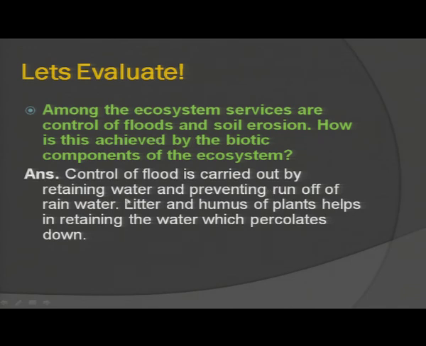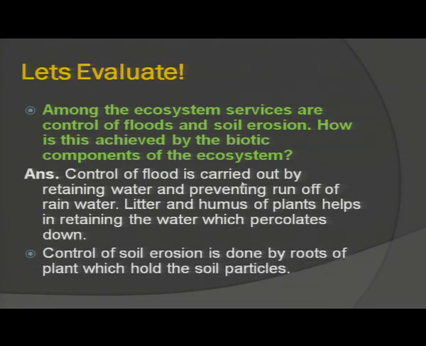We know that control of flood is carried out by retaining water and preventing runoff of the rainwater. The litter and the humus of the plant, the topsoil, if it is rich, if it is full of humus, can retain the water and it will percolate down. So, the probability of floods will decrease. Similarly, for soil erosion, the roots of the plant hold the soil and they also reduce the probability of soil erosion.